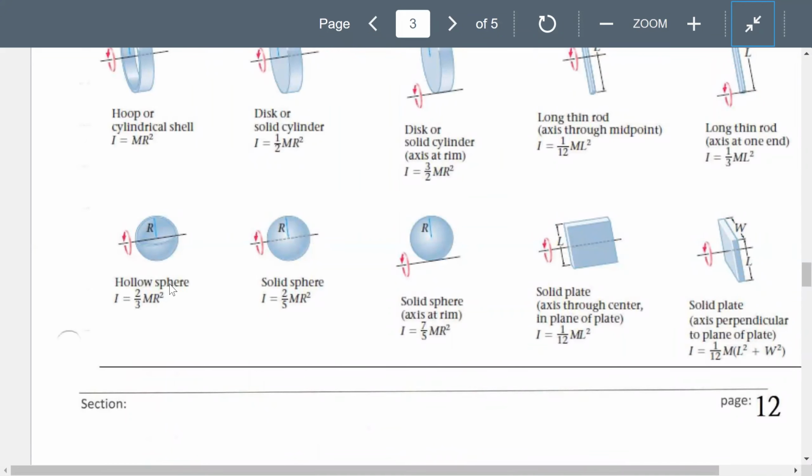This is a hollow sphere. This is the solid sphere rotating about its center. This is a solid sphere rotating about an axis at its edge. This is a solid plate, different shapes of rotations. And we have mr squared, mr squared, mr squared, and so on. But the factor is different from shape to shape or from rotation to rotation.